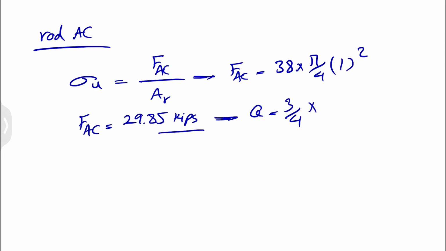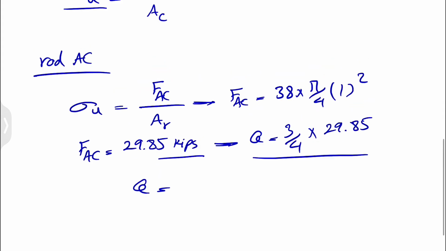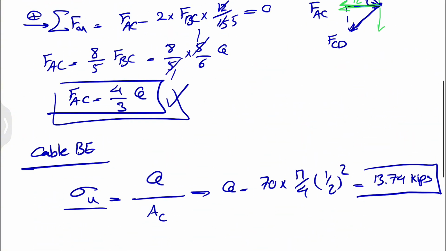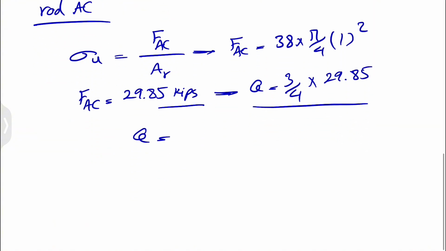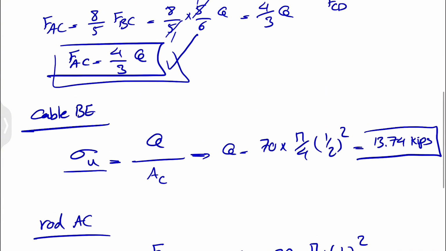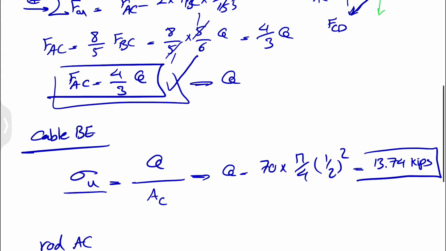So our Q is 3/4 of FAC, or 29.85. So again, this is coming from what we found in here. So this will be our FAC is equal to 8/6 or 4/3 Q. Or in here, our Q is 3/4 of FAC.